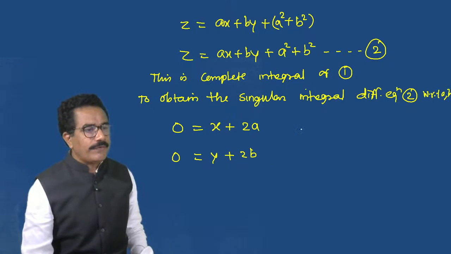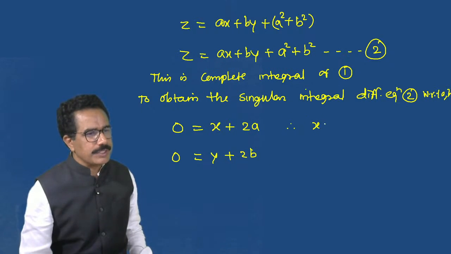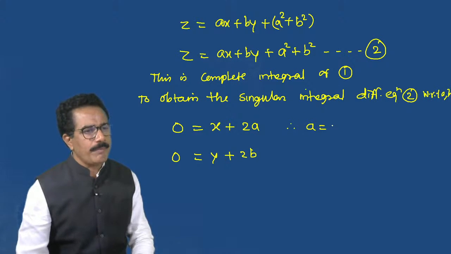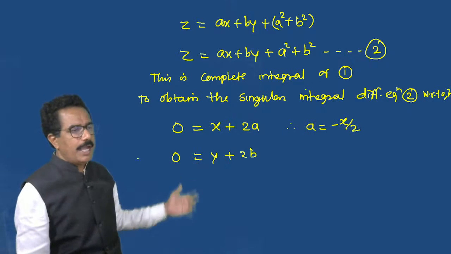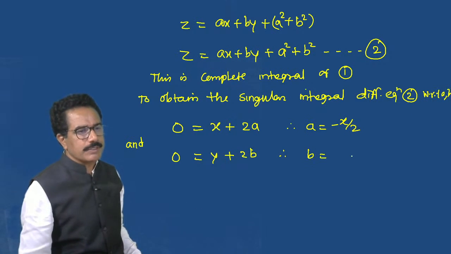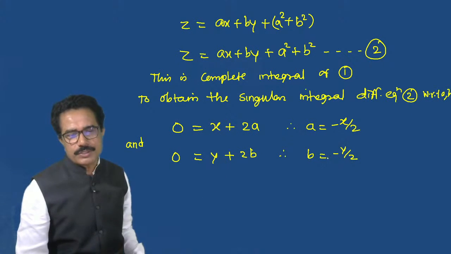Now from this equation we can find the value of A is equal to minus x by 2, and B is equal to minus y by 2.